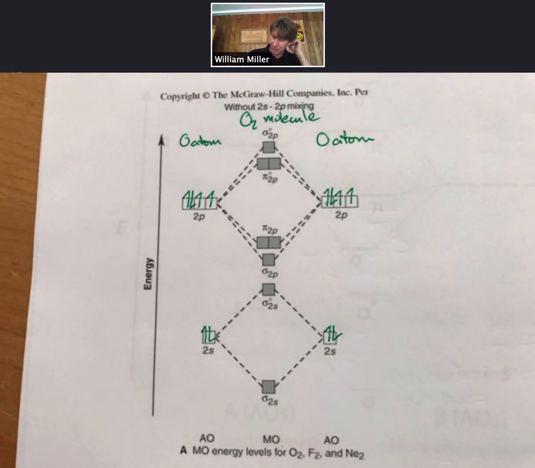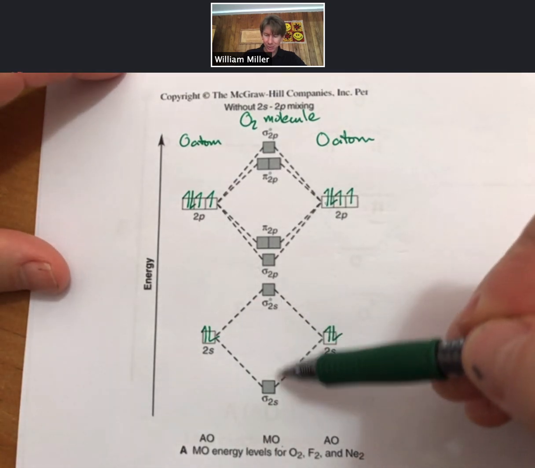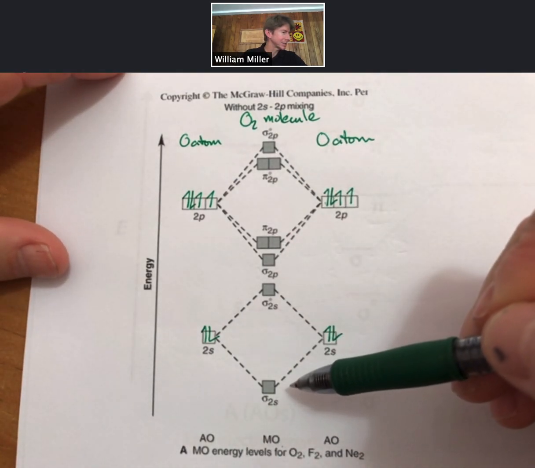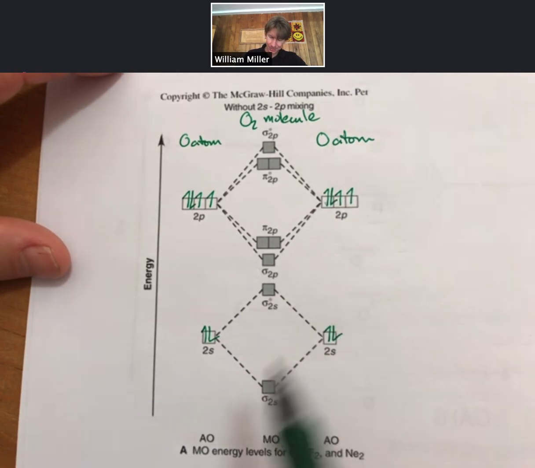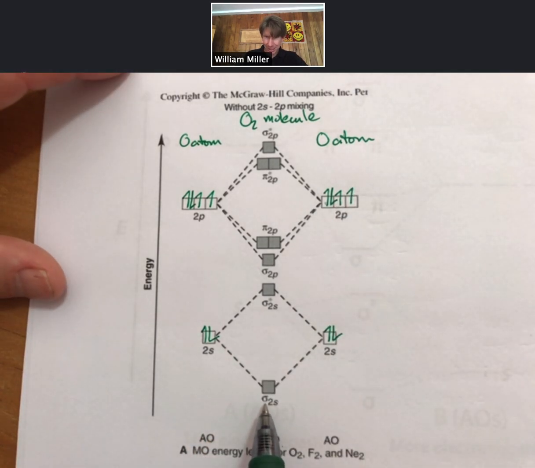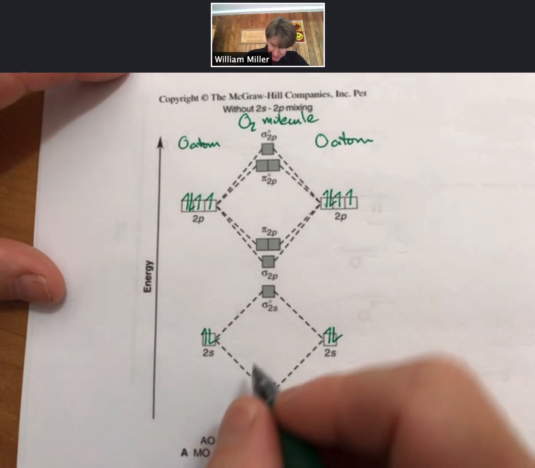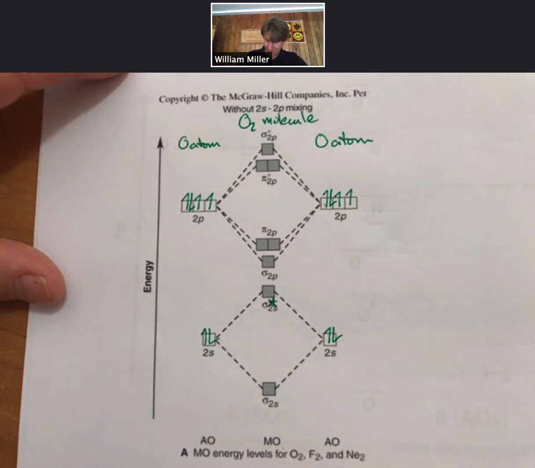What you've got to be able to do is place the electrons in, if I give you this layout. I will point out that this is sigma 2s, a bonding molecular orbital made out of 2s atomic orbitals. And that's a little asterisk there. I'm not sure if you can see it, but I'll make it bigger.